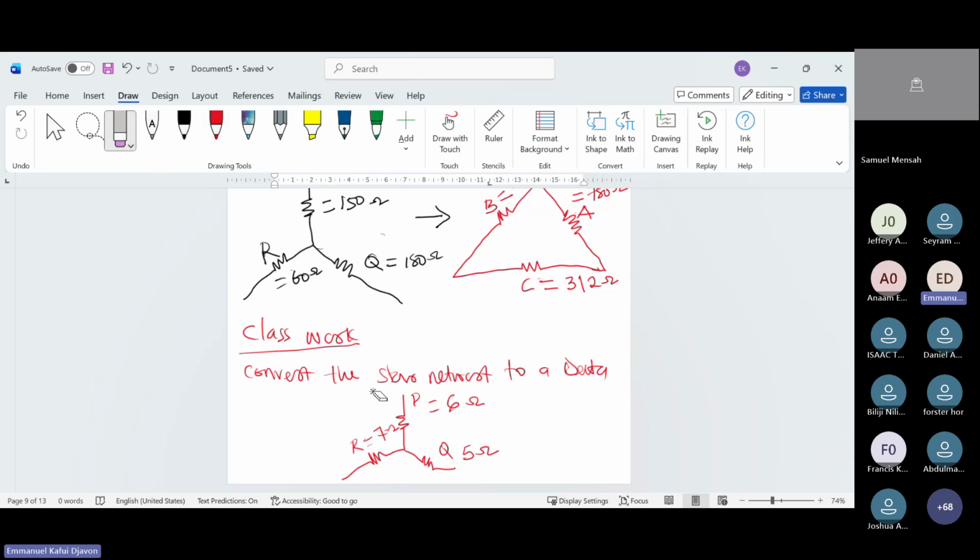Let me do this well. Let me write the numbers with the black ink. This is 6 ohms. This is 5 ohms. This is 7 ohms. So convert this to a delta. Your time starts now. So how do I do it?